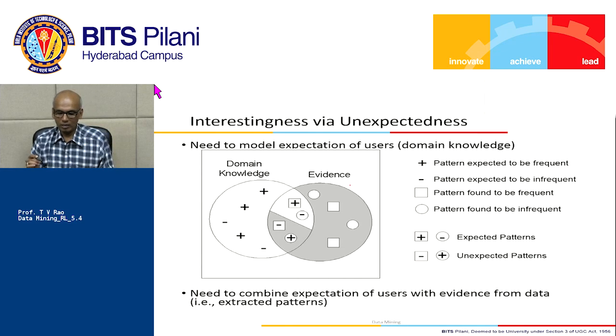Then what you can see is that these elements are representing something of high interest, and what this evidence is showing is something which is along with the domain knowledge.